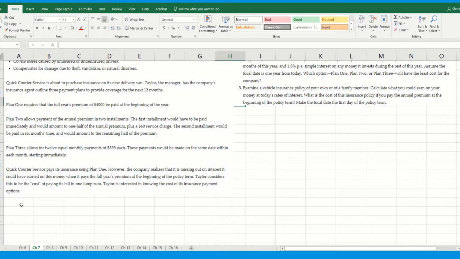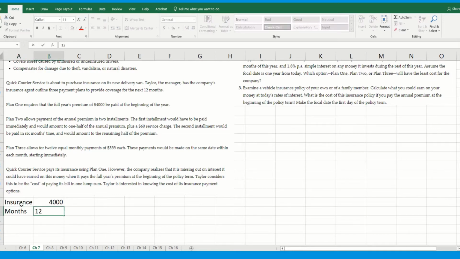So I'm just going to start putting this together. It looks like the full year premium is $4,000, and it's going to be for a certain number of months. Okay, and it's going to be 12 months.